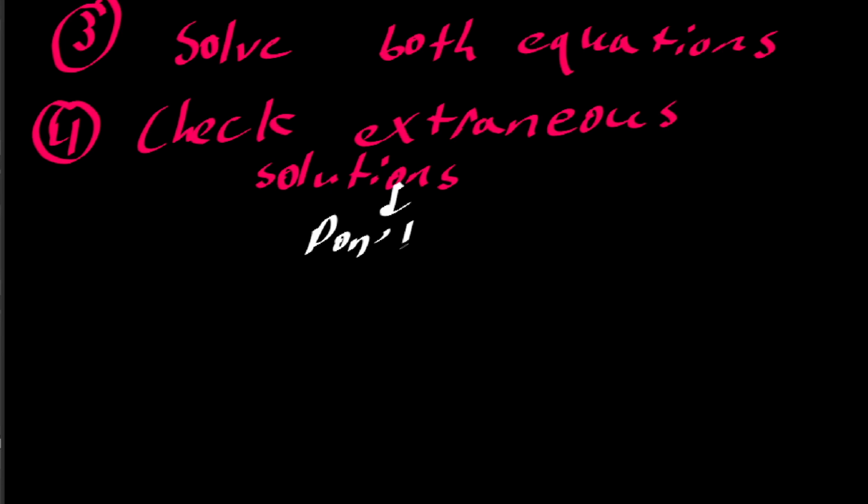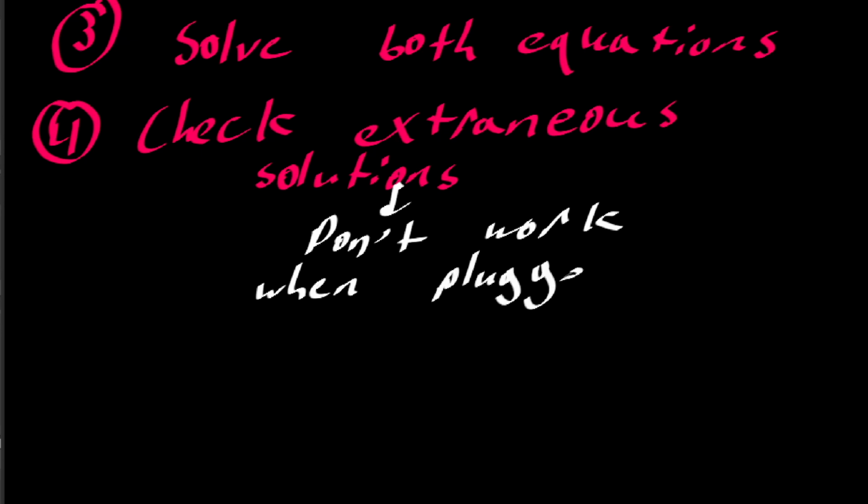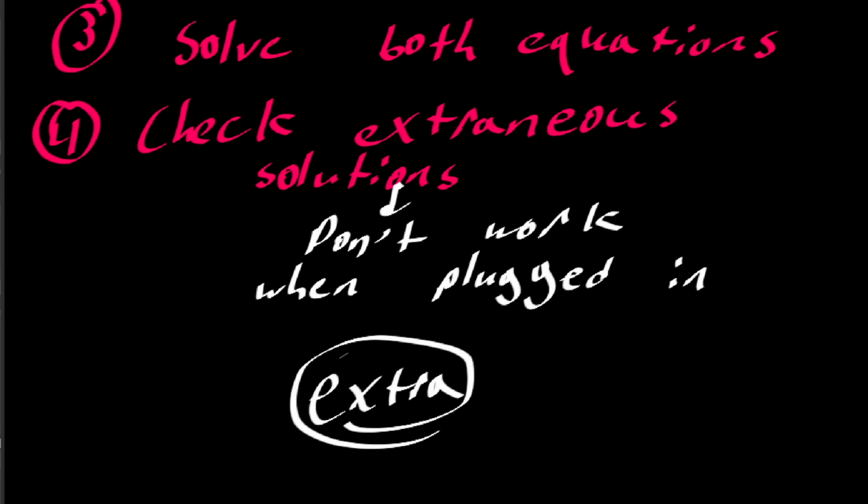So they don't work when plugged back in. Essentially they're extra, so they're extra equations that we don't really need. So we just say, all right, when we plug this back in, it doesn't work, so it's extraneous, so we leave it out.